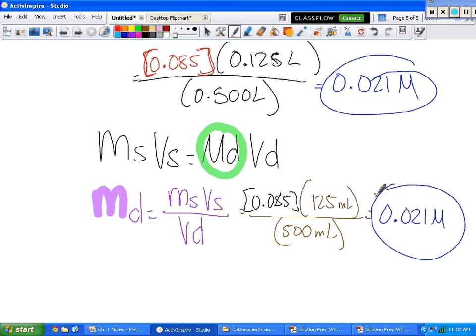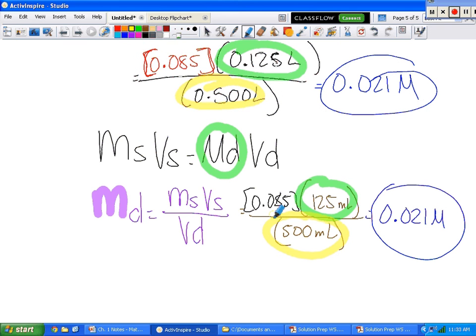Very good. Are these numbers the exact same? Are you mathematically changing them in the same way on both parts? You're dividing 0.125 by 0.5 and 125 by 500.